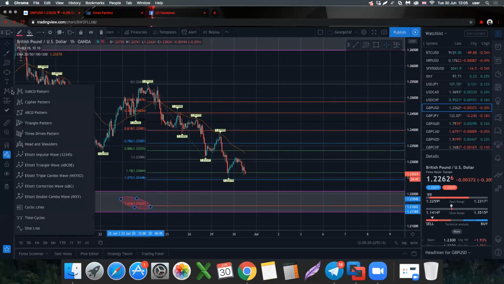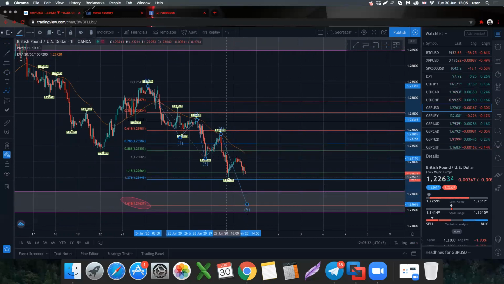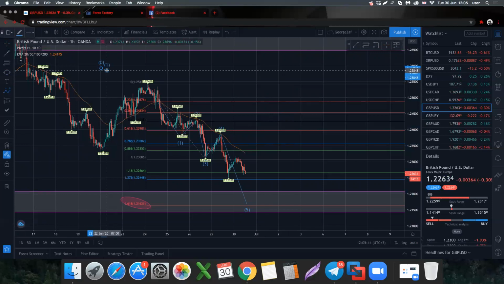If you check this as an Elliott wave, it started here, 1, 2, 3, 4, 5, 6. It will pull back again here, and maybe it will put another smaller pull back here, and it will go down to that level. Okay, this is GBP USD.